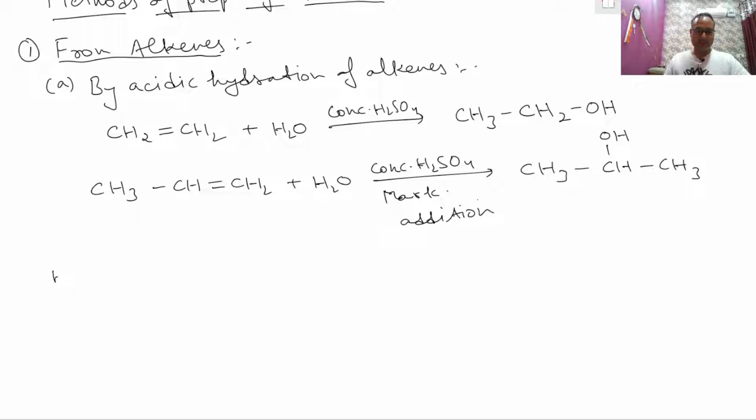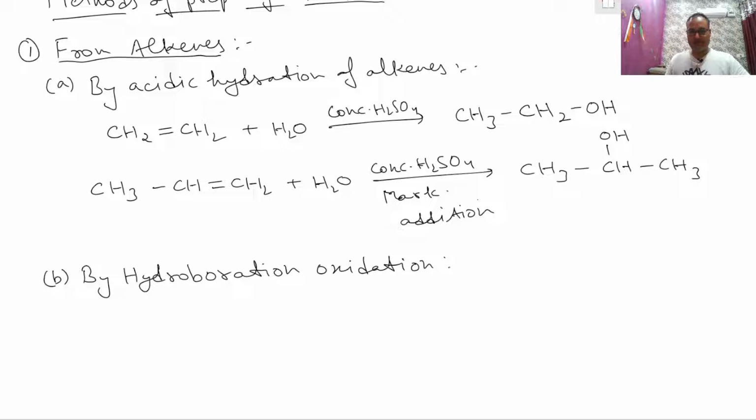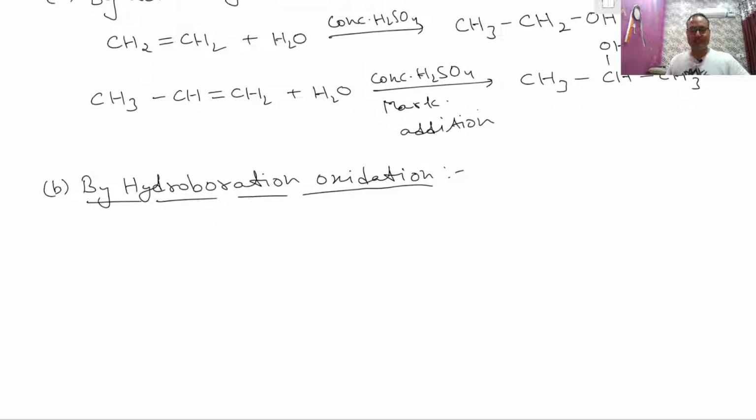Second method for the preparation of alcohol from alkenes is by hydroboration oxidation. In this method, we will be taking an unsymmetric alkene.